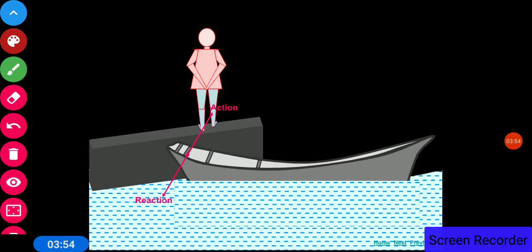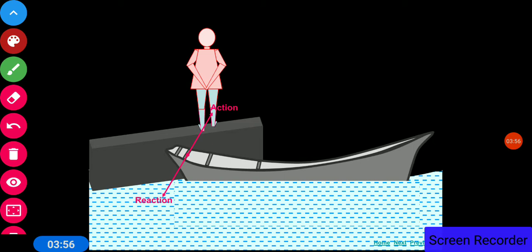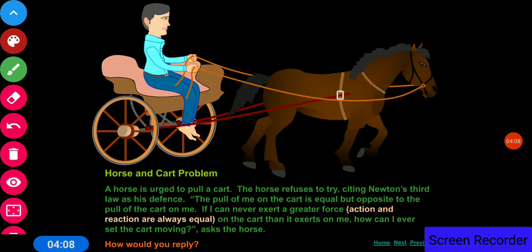Now here, action and reaction. When a person jumps from the boat to the shore, because of the reaction the boat moves away from the shore. Now this is the horse and the cart problem. Here the horse is a little bit educated. He has heard about Newton's third law of motion.